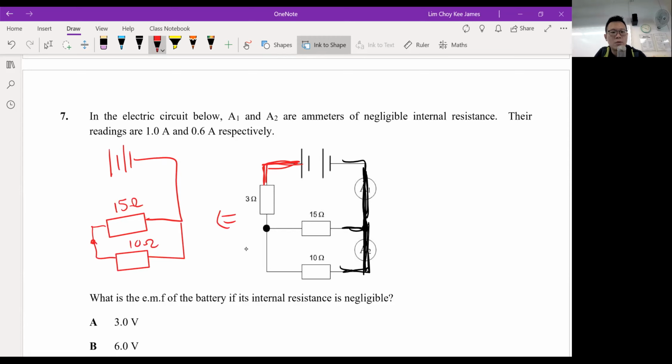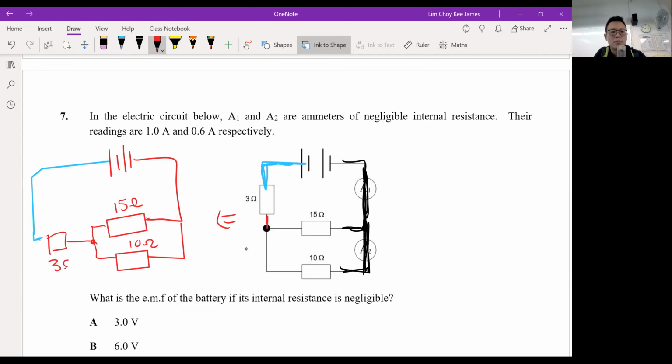Let's use a different color so it's easier to see. So I'm going to lengthen this cable all the way here. Then the 3 ohm resistor will be here. It's still the same, connected here.